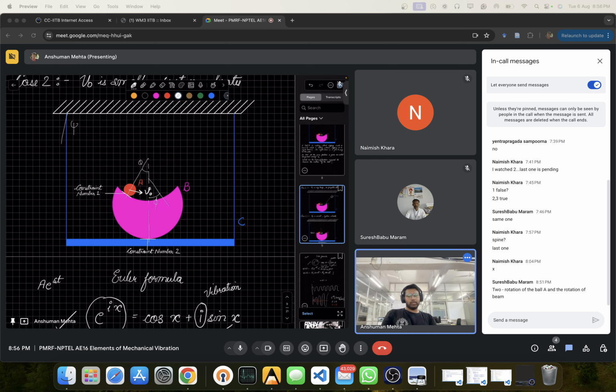There are three coordinates, or three free movements, and two constraints. So the degree of freedom becomes 1.